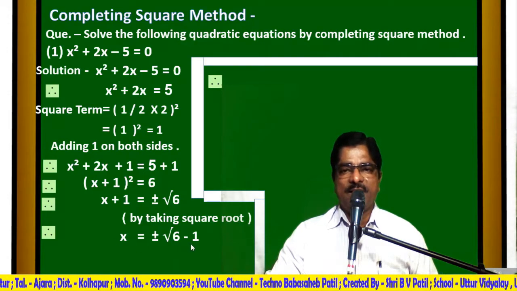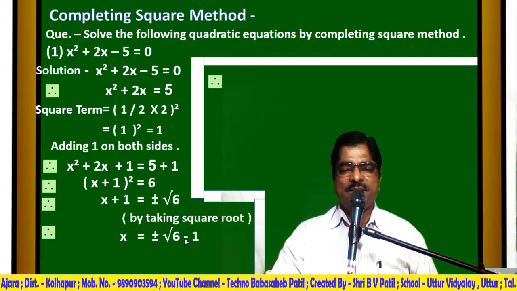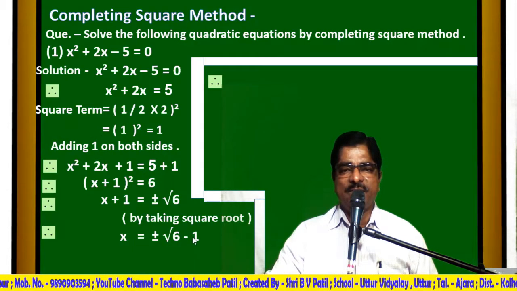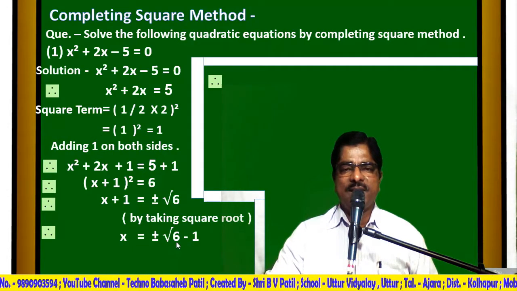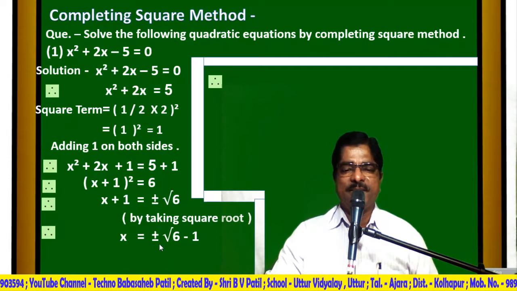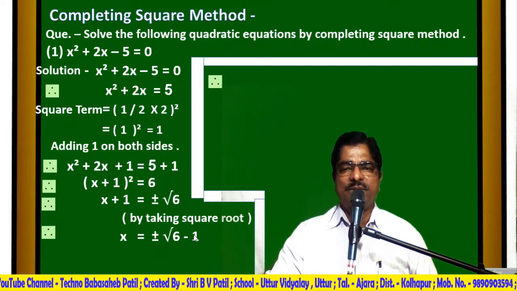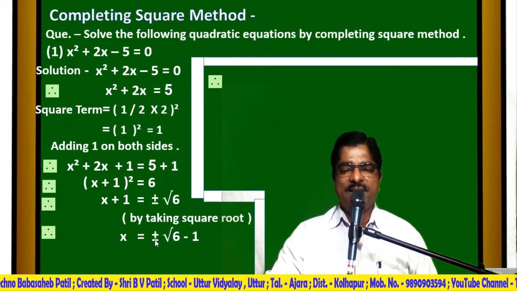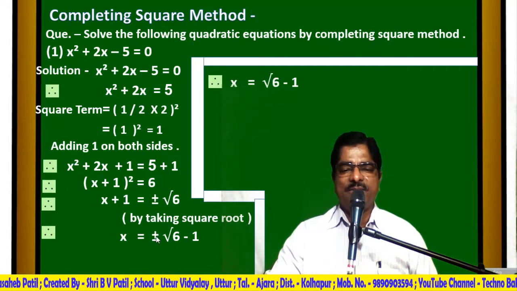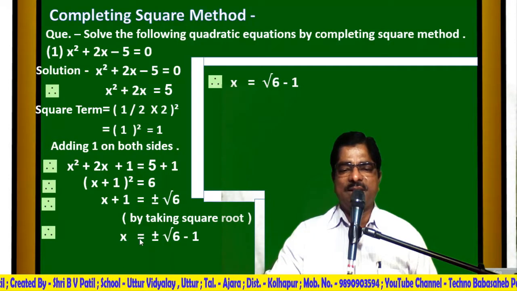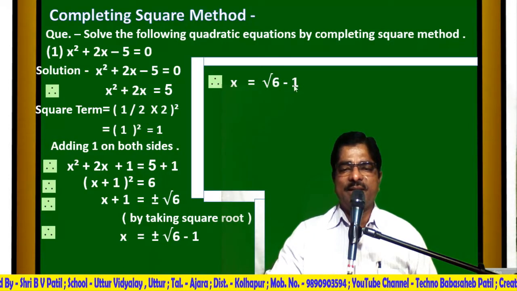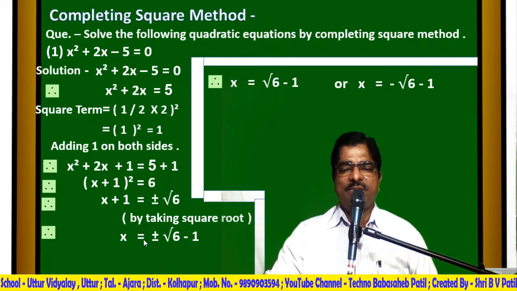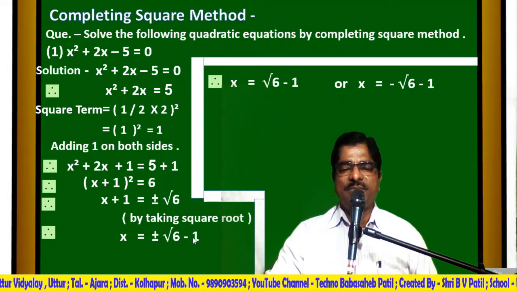Here we can't subtract the 1 because it is a rational number and root 6 is an irrational number. Therefore, we get two possibilities: the first is positive and the second is negative. The positive possibility is x is equal to root 6 minus 1, or x is equal to minus root 6 minus 1.